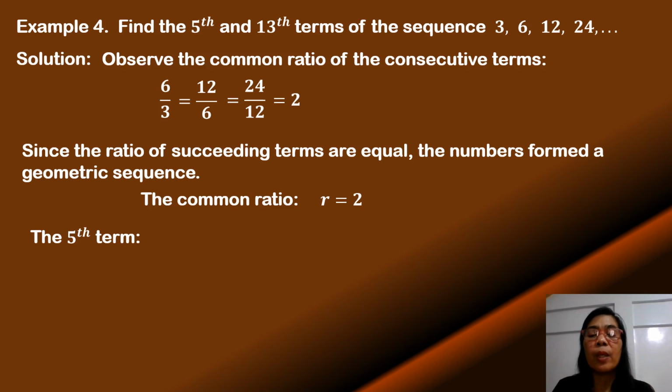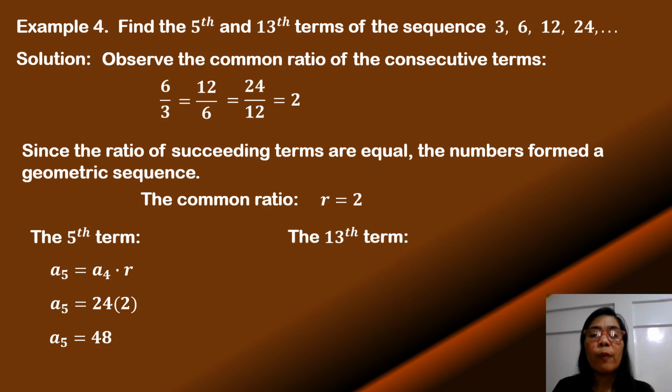To find the 5th term, since we're already given the first 4 terms, immediately we can find the 5th term by multiplying the common ratio to the 4th term. So we have a sub 5 is equal to a sub 4 times r, giving us 24 times 2, or a sub 5, the fifth term, is equal to 48. To find the 13th term, let us now make use of the derived formula.